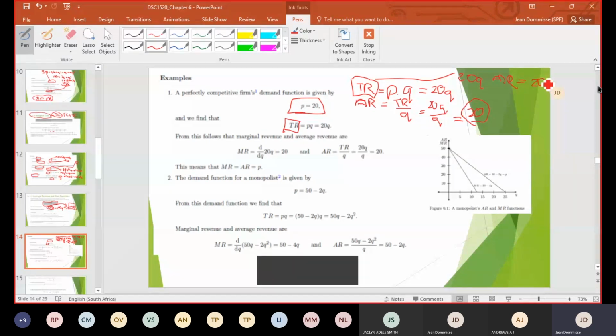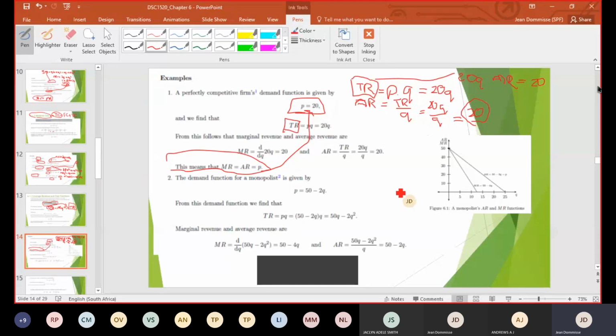Okay, it's not always like that, so I think that is the important thing. Don't think it is like that every time, but that basically means that for this instance, the marginal revenue is equal to your average revenue, and that was actually even equal to the original P that they gave us.